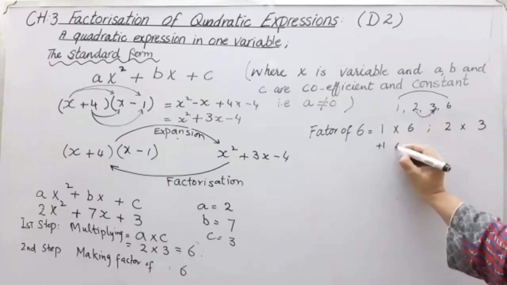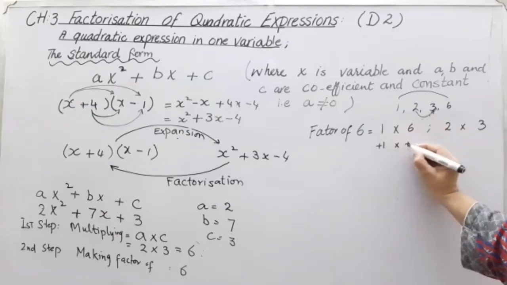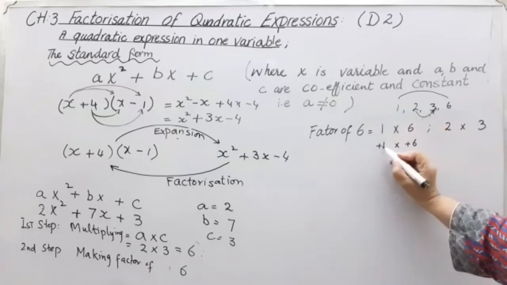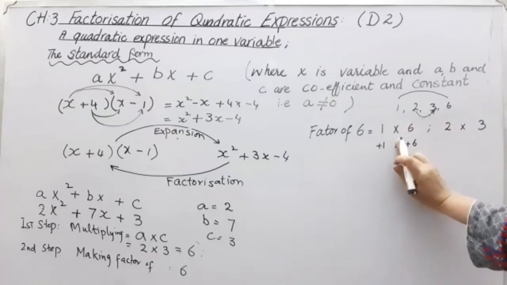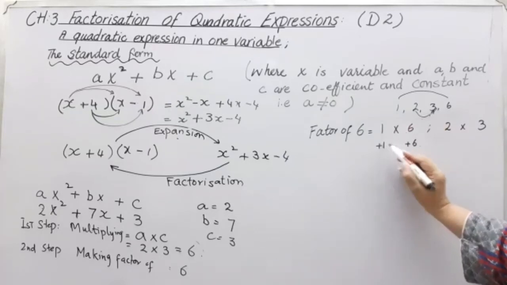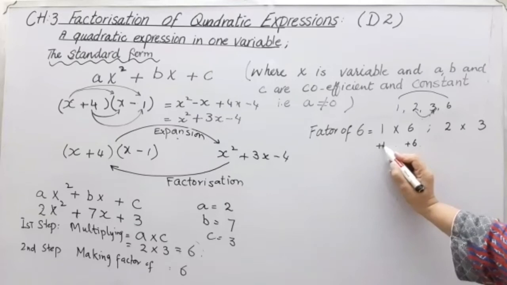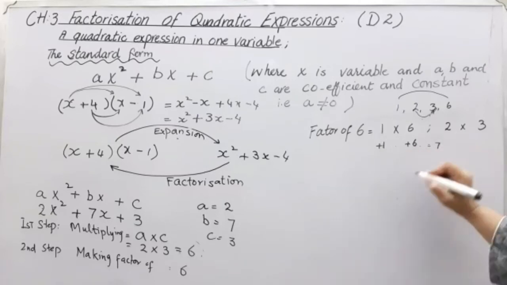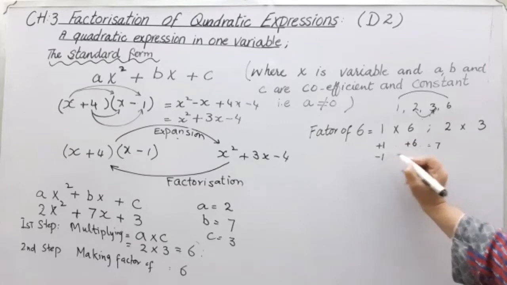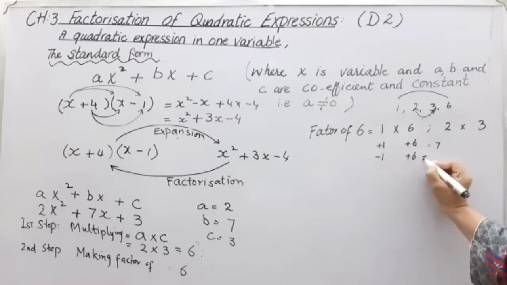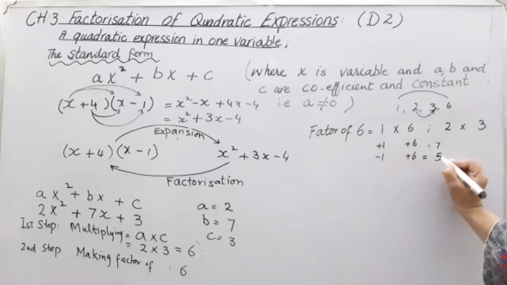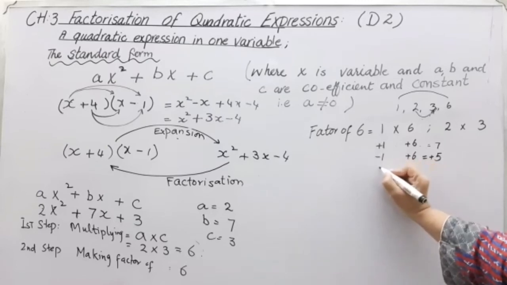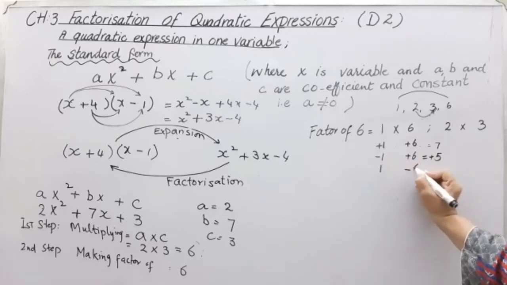Plus 1 and plus 6, when we add them, 6 plus 1 is 7. Minus 1 plus 6 is plus 5. Plus 1 minus 6 is minus 5.